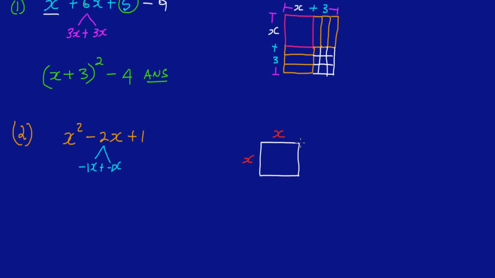Here I would have a 1, and here also I would have another 1. Since my b is 1, I would have a plus, and it's a plus negative 1. And also I am adding here a plus negative 1.